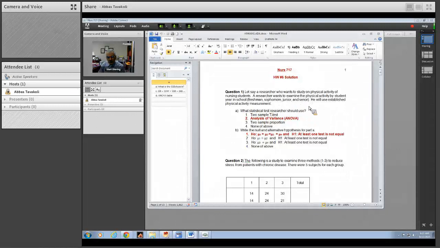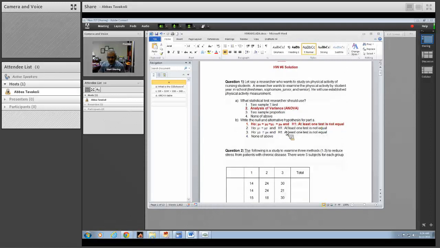We have 4 years, which are freshman, sophomore, junior, and senior level, and he will use an established physical activity measurement. So we have physical activity as continuous, and you have a group with 4 levels. So what statistical test should the researcher use?